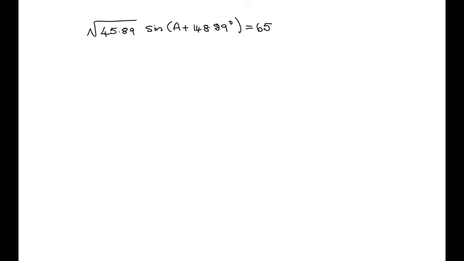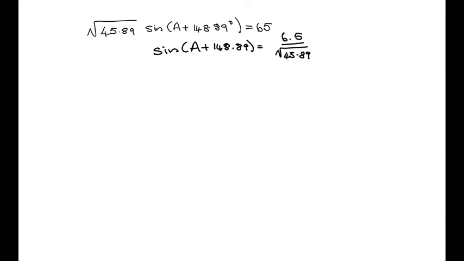Starting where we left off, you need to first of all get rid of the square root of 45.89, so sine of A plus 148.89 equals 6.5 over square root of 45.89.